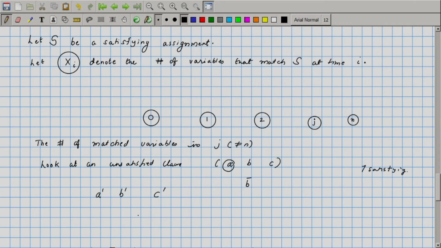So, the randomly chosen one is going to be different from S with probability of at least 1/3.